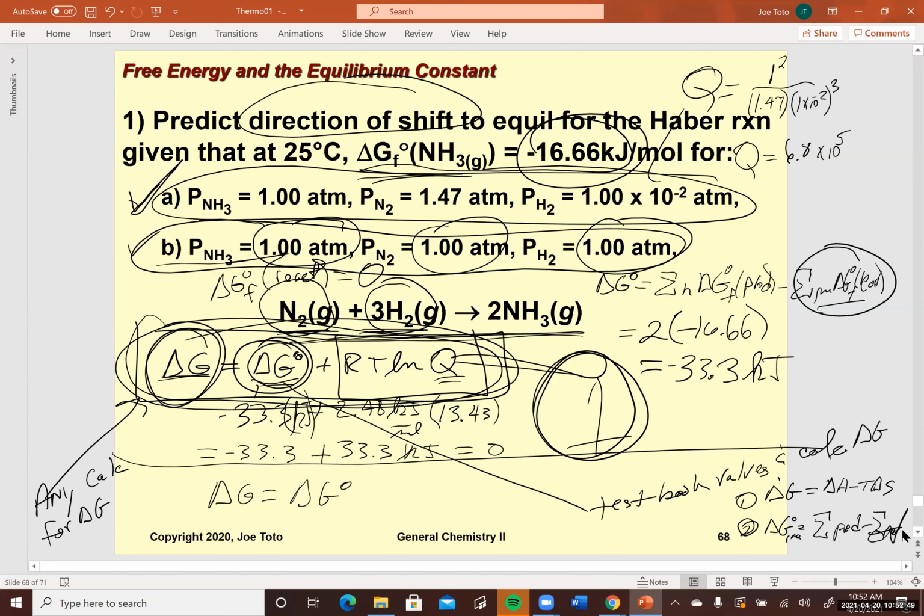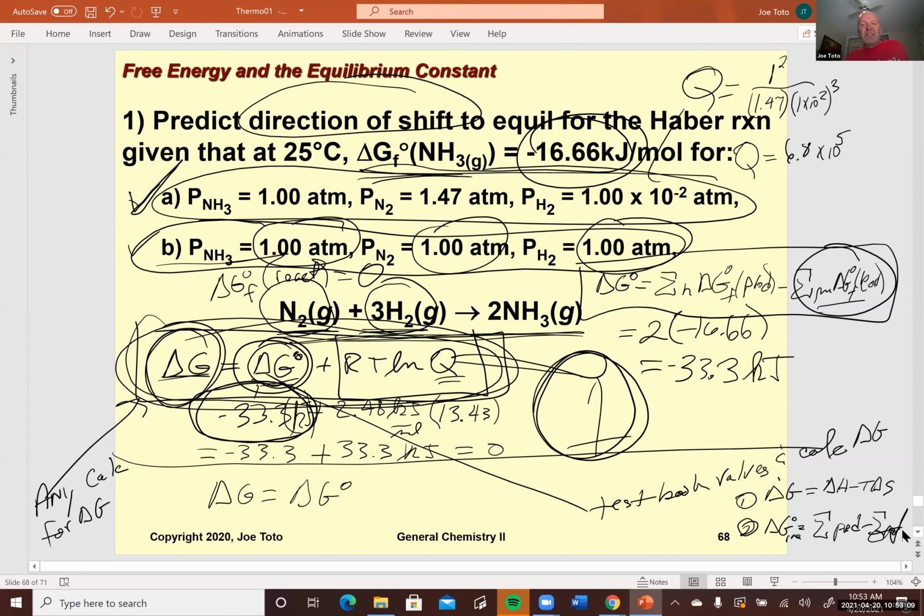Now, the first one that we calculated, we used the standard delta G in this position for that A mixture, and we calculated that by just using this equation here for the summing of the delta G of formations of the products minus the reactants.